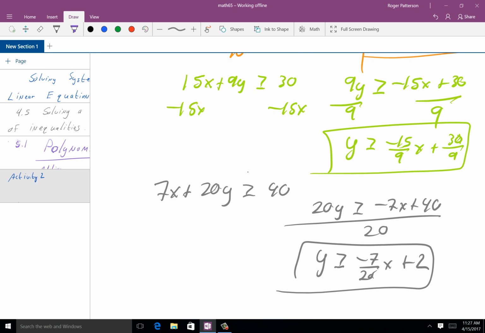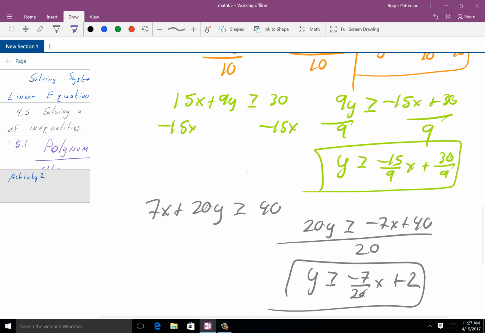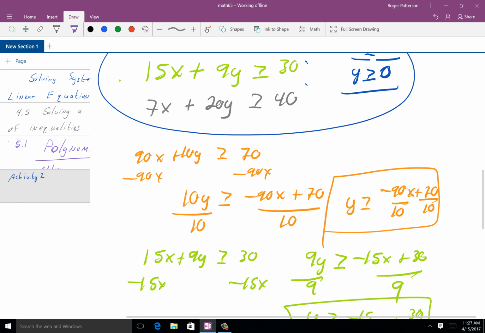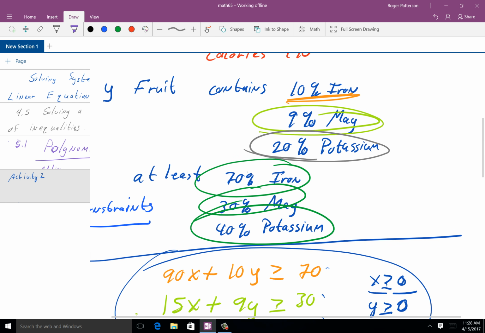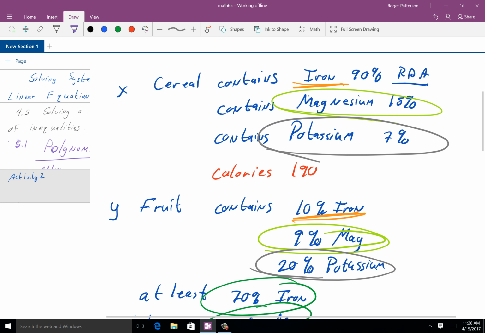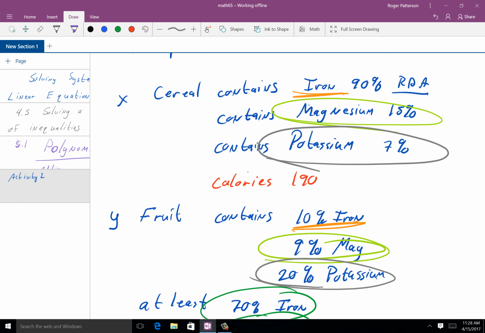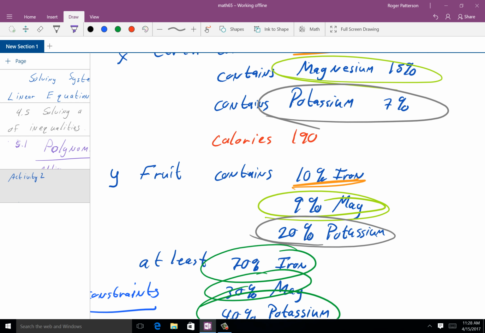But there's one more wrinkle to this problem, and that is this nutritionist wants to minimize the number of calories that you take in. So, if we go back to the calorie thing, how many calories does the... 190. I think I forgot to tell you the calories for the fruit. It's 62.